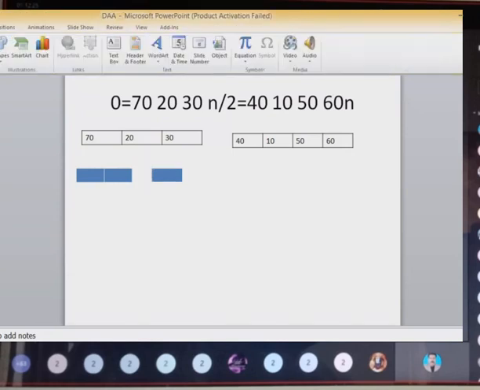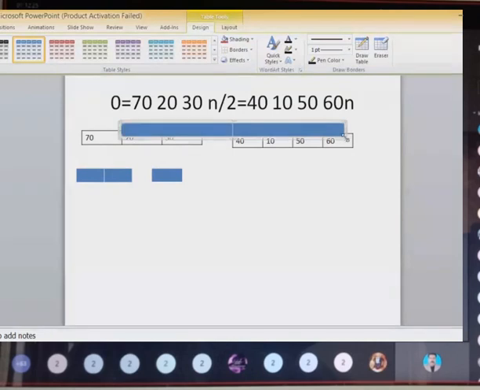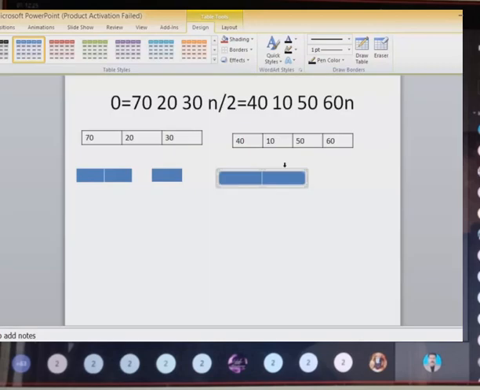Next divide into 20 and 20. So this is 70, 20, 30. This is 40, 10. Next 50 and 60.